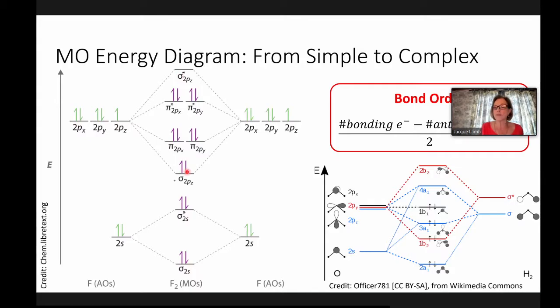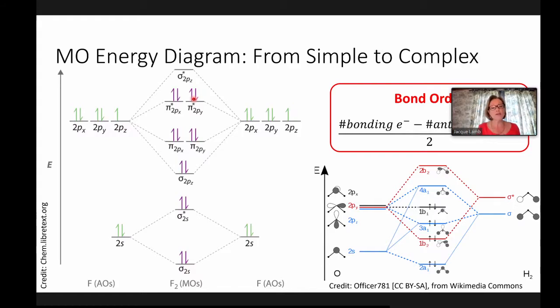We follow the same Aufbau principle we did for atomic orbitals, filling lowest energy first, 2 electrons with opposite spin, and we start with the sigma 2p, the 2 pi 2p's, the 2 pi star 2p's. And that's the electron configuration, or the molecular orbital energy diagram, for a fluorine molecule. Now, this allows us to have a new way of determining bond order between 2 atoms.